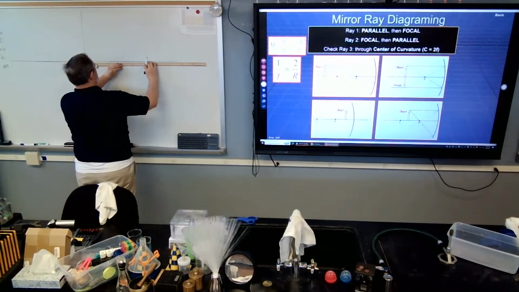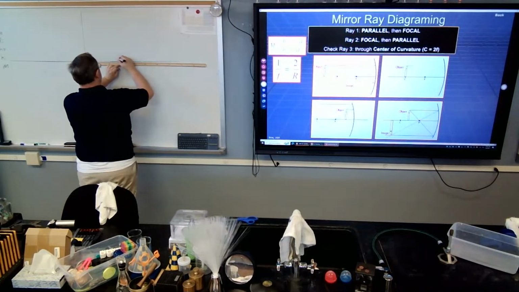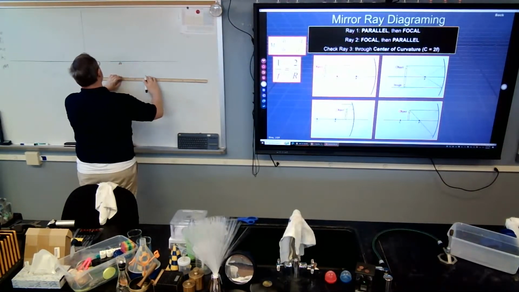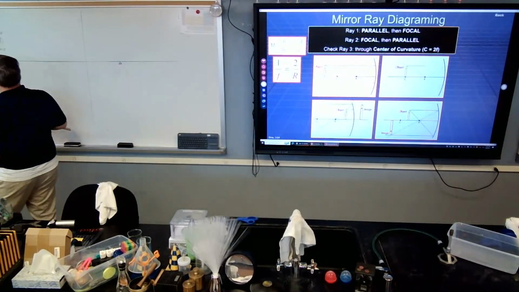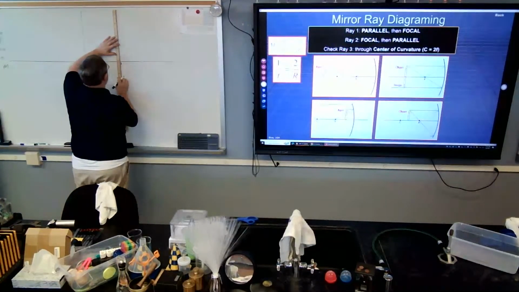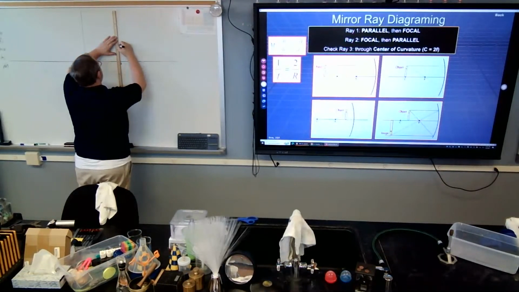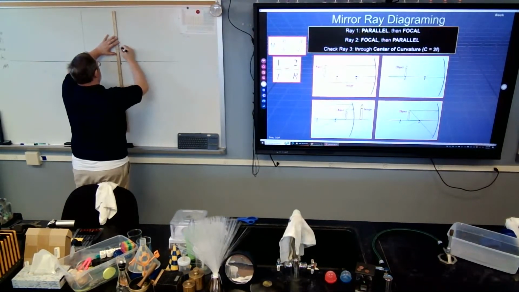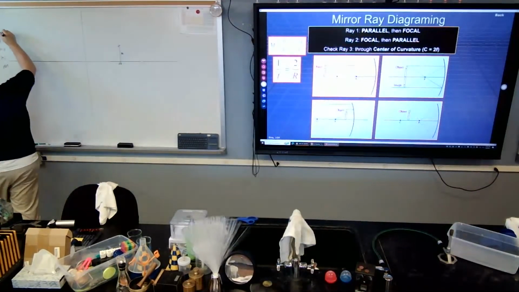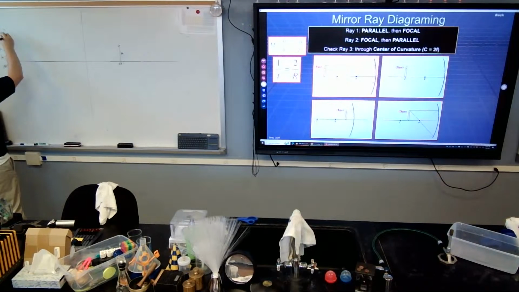Right. So that's our object right there, D-O. And how tall is our object? 13. Okay. So DO is 29, and the height is 13.